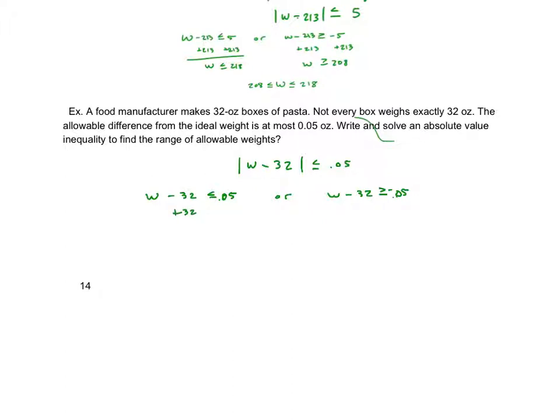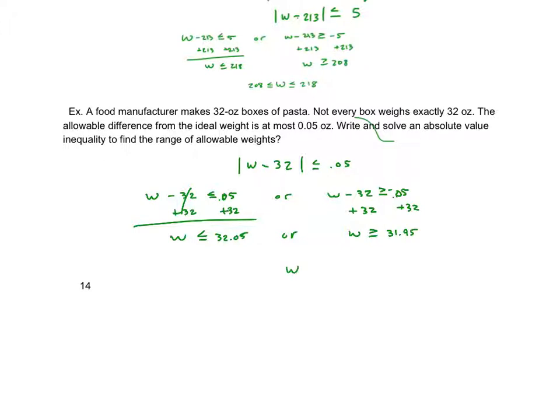So adding 32 to both sides, W is going to be less than or equal to 32.05, or adding 32 to both sides, W is going to be greater than or equal to 31.95.